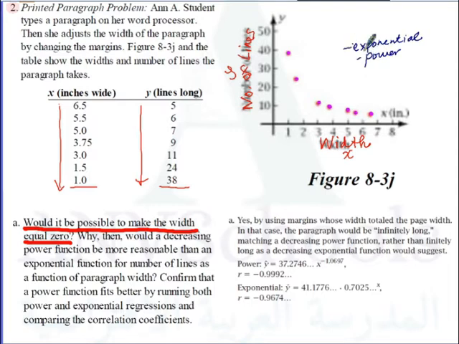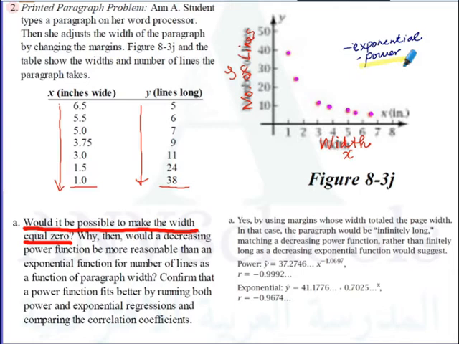But since we have justified that a power function could fit this because the width could be equal to 0 when we adjust the total page width to the margins, well, there's no margin anymore, I mean. So we could use the power function actually, rather than a decreasing exponential function.